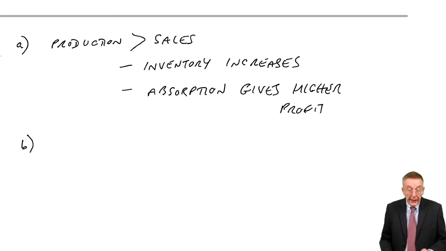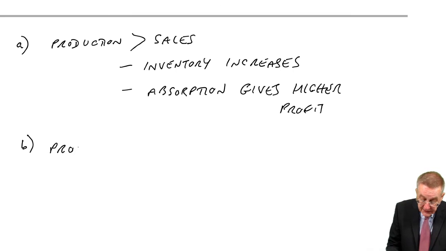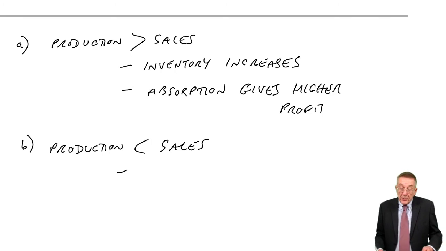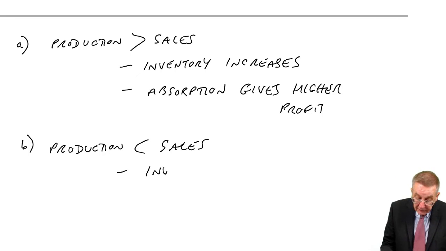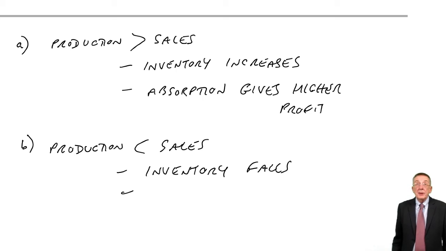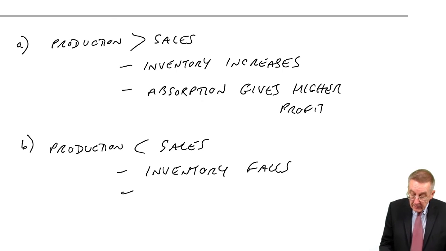Secondly, if it's the other way around, if production is less than the sales, well, if you're selling more than you produce, the inventory will fall, not decreases. And look back at February, convince yourself, but in that case, marginal will give the higher profit.